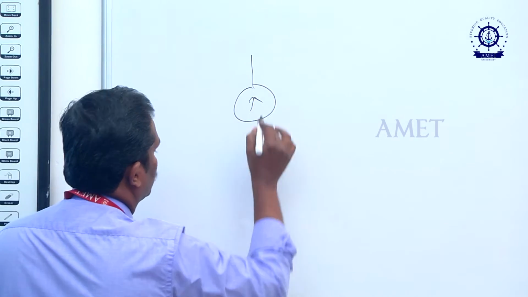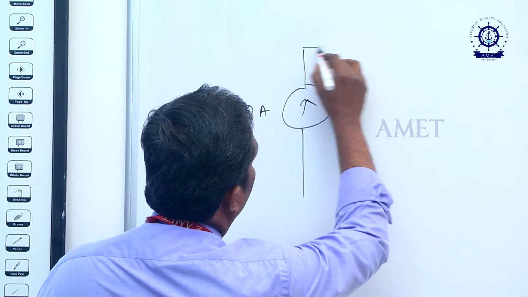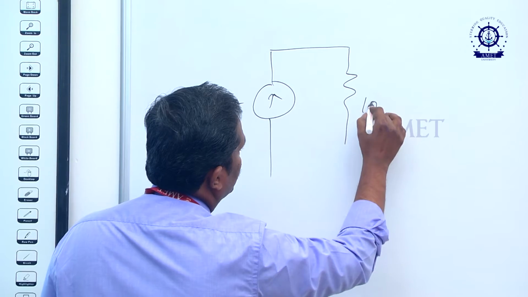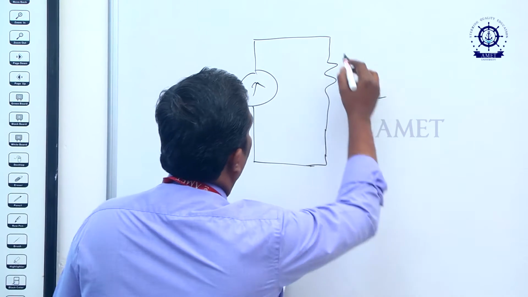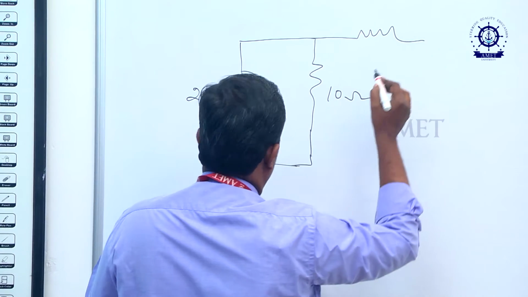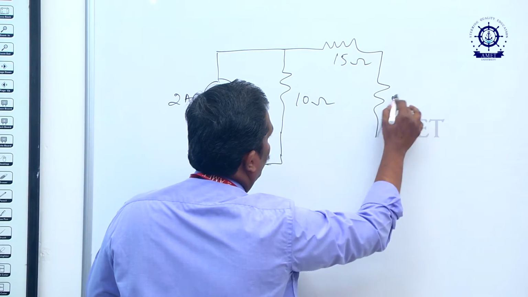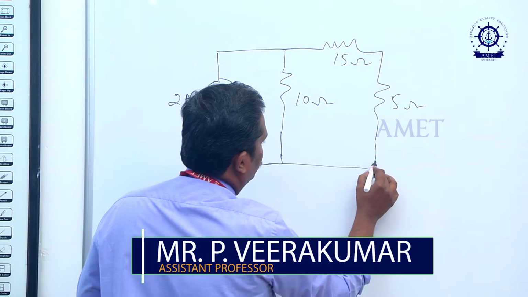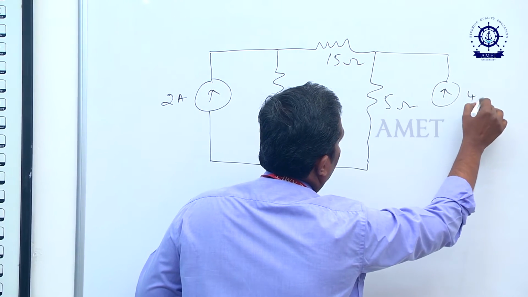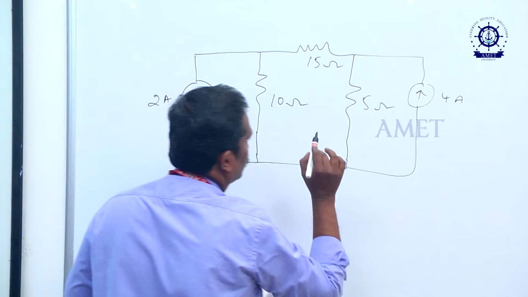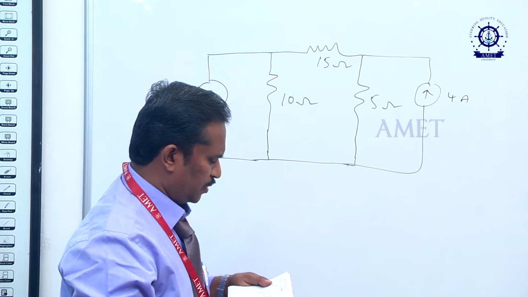There is one current source, 2 amps, and a 10 ohm resistor connected across the current source, and then there is a 15 ohm resistance, and then one 5 ohm resistor, and another current source, 4 amps, which is connected across the 5 ohm resistor.